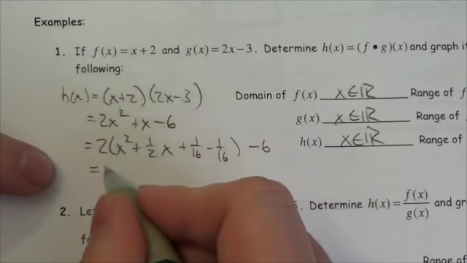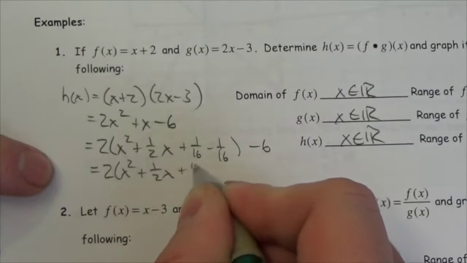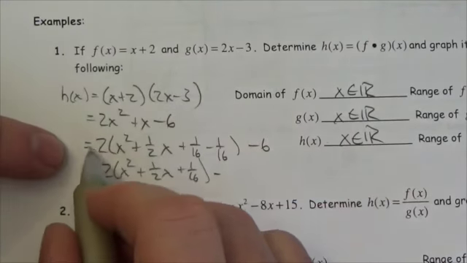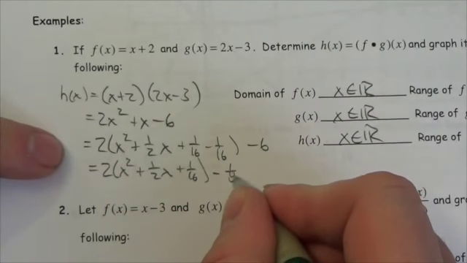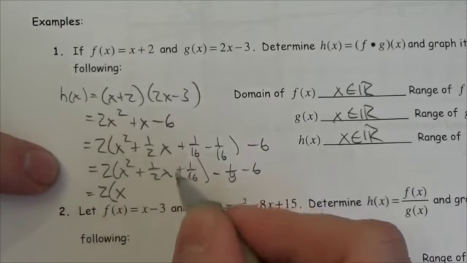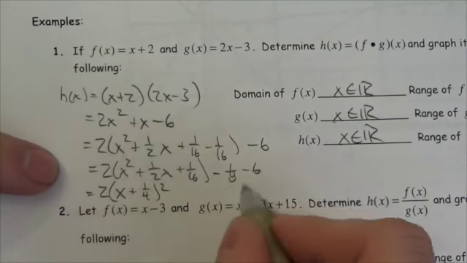Okay, take out the negative 1/16. So 2 times x squared plus 1/2 x plus 1/16. That's going to be minus, what do we got here? Minus 1/8 minus 6. And so finally I'm going to get 2 times x plus 1/4 squared.